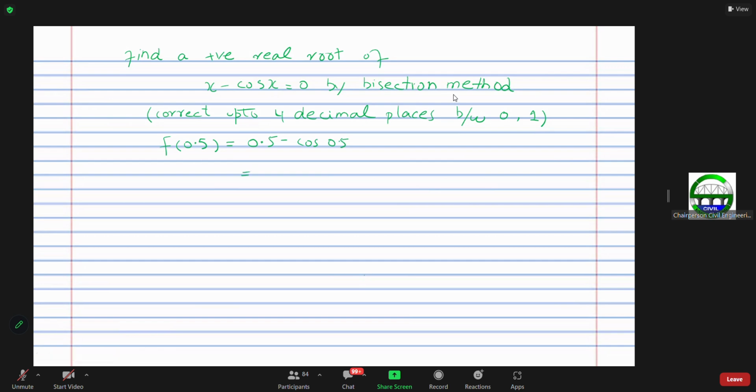Can anyone tell me what is the value here? No answer yet. Please give me the answer.